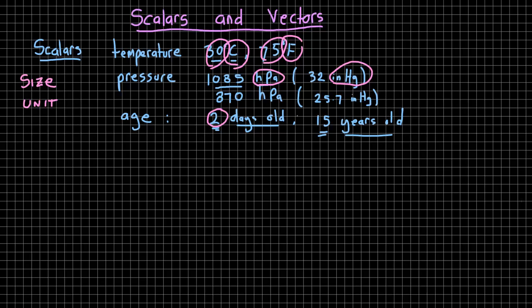Now I want to look at something a little bit different to this. I want to have a look at a thing that in physics are called vectors. Now vectors are extremely important in physics. You're going to hear about vectors throughout your physics careers. Some examples of vectors: velocity.